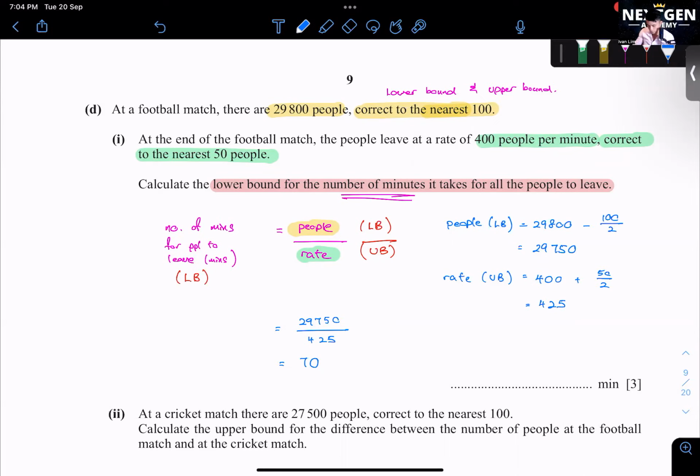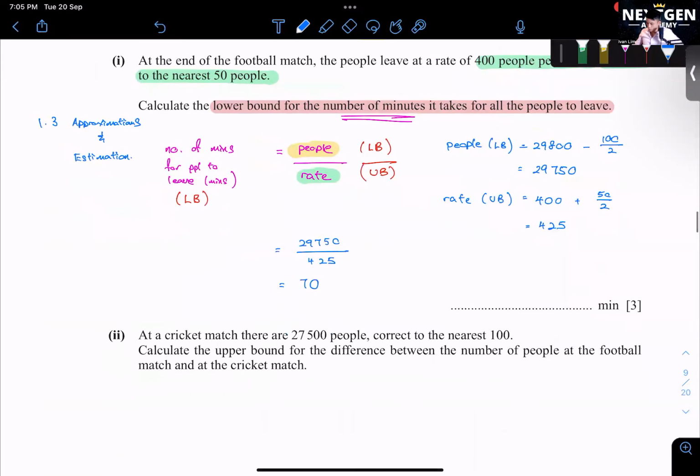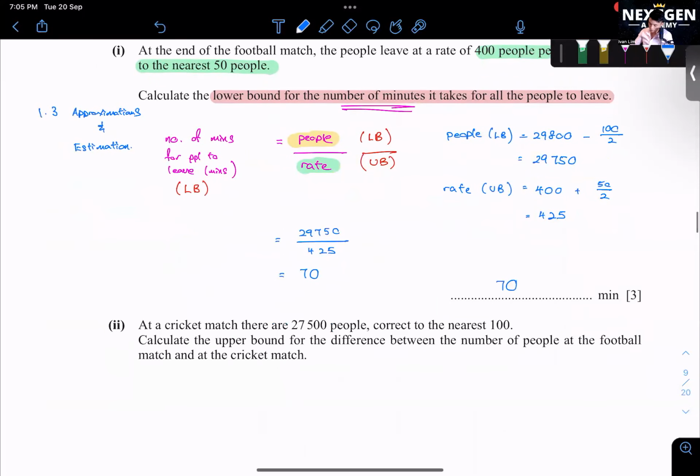Yeah, 1.3 in Thinkific. You will see approximation and estimation there. Okay, answer 70. All right, next one.